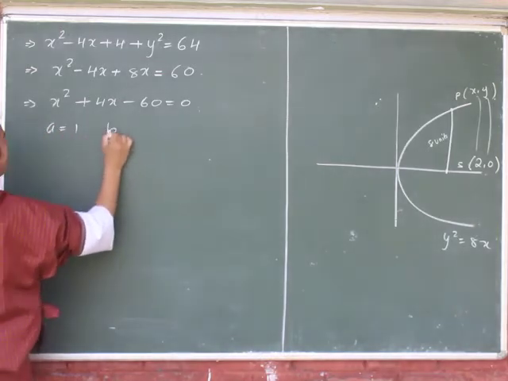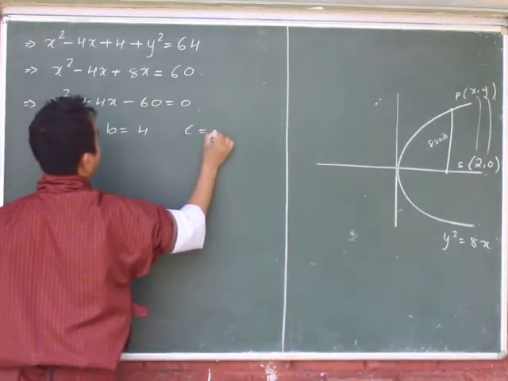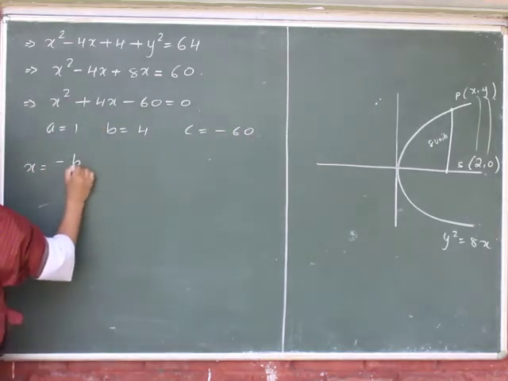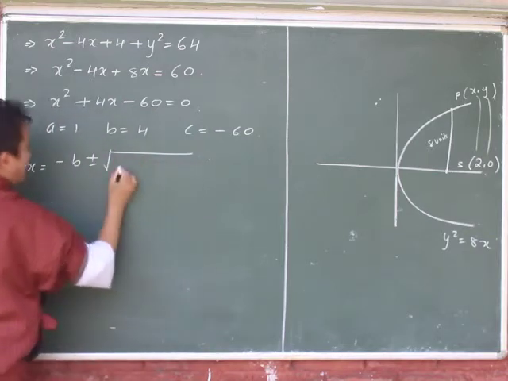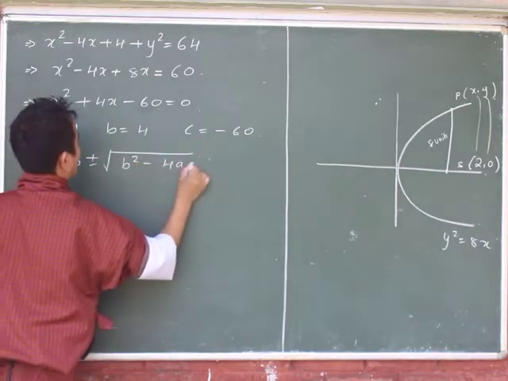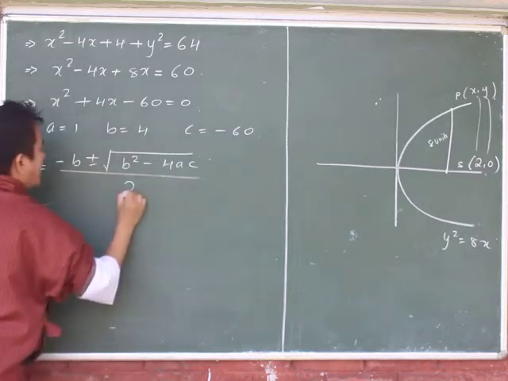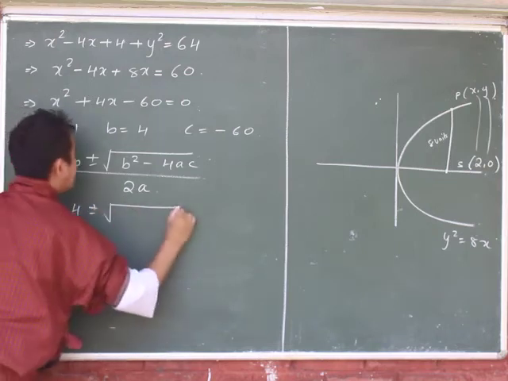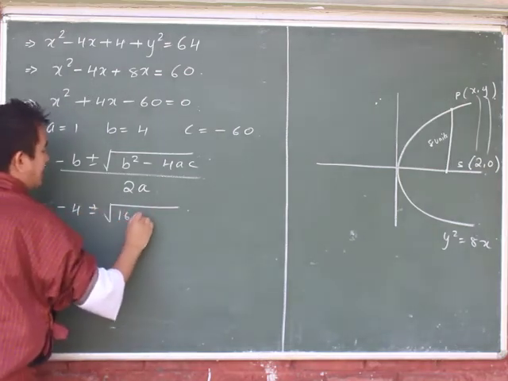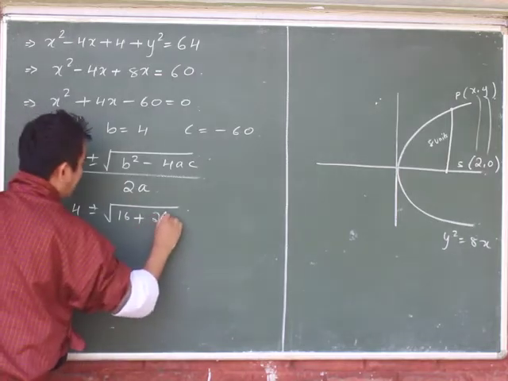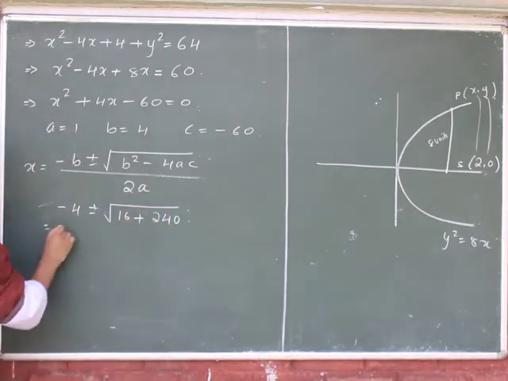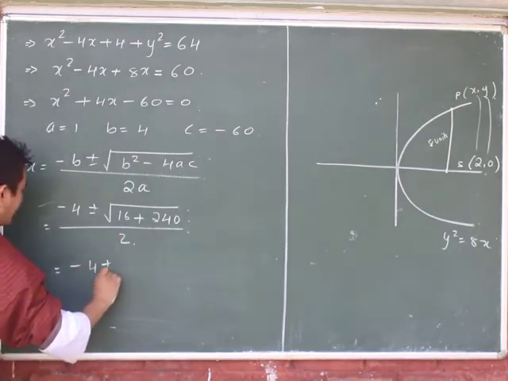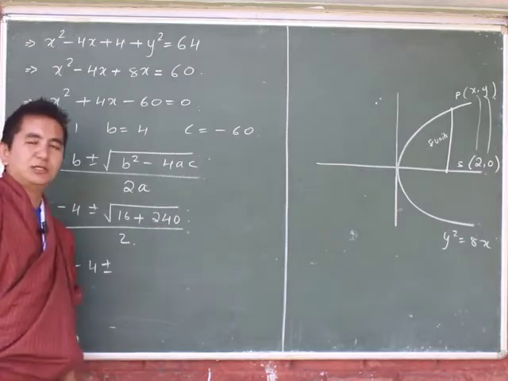A value is 1, B value is 4, C value is negative 60. You know the quadratic equation formula? x is equal to negative B plus or minus root of B square minus 4AC, whole divided by 2A, which is negative 4 plus or minus root of B square, 16, minus 4AC, which is minus 4 times 1 times negative 60, 240, divided by 2A. 2 times 1 is 2, so negative 4 plus or minus root of 240 plus 16, which is 256.